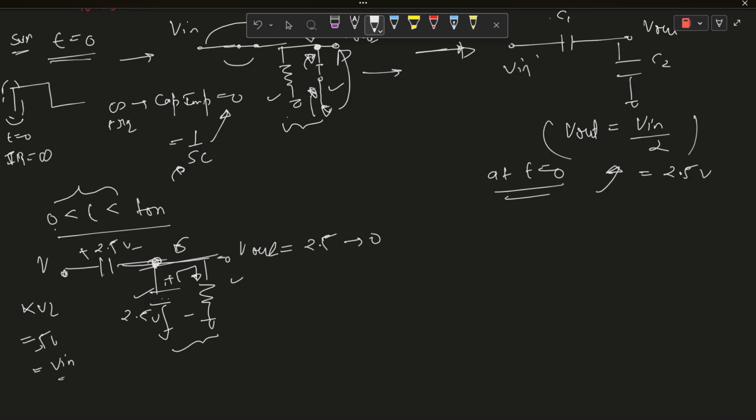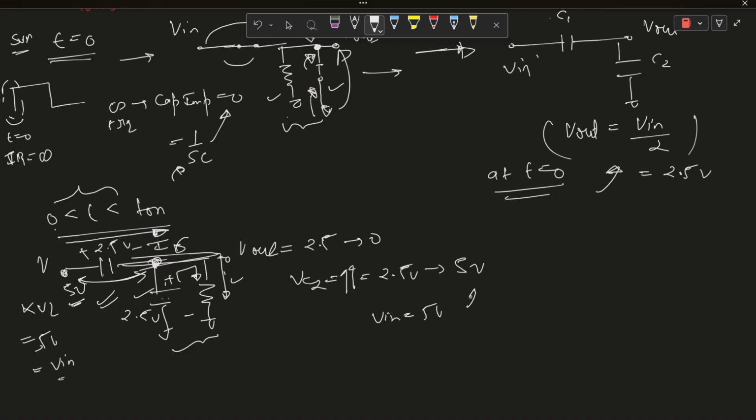So this node will go down, and the input is 5 volt. The voltage difference between these nodes starts increasing, so a current will start flowing through this branch to this resistor, and due to this the capacitor starts charging. So V c1 starts rising from 2.5 volt to 5 volt, because the input is 5 volt, so the maximum voltage that can be reached is 5 volts.